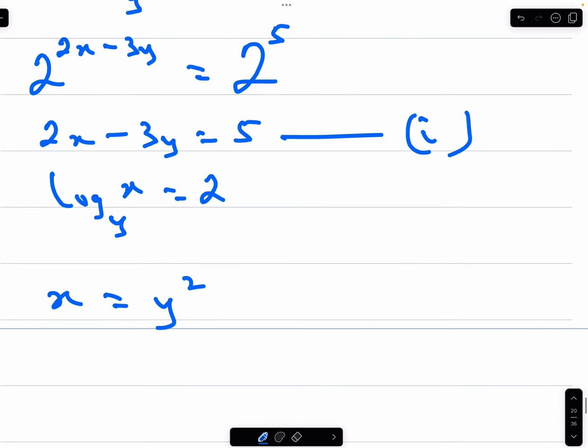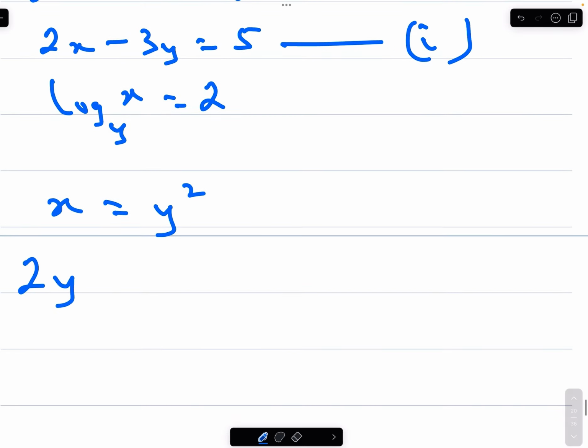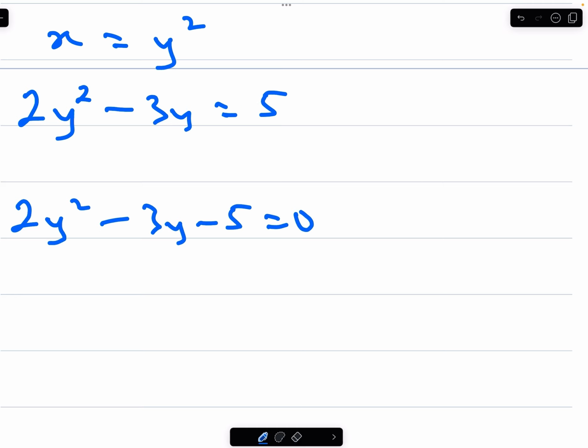Now I want to put x in equation 1. Whenever I see x, I'll write y squared in equation 1. That simply means 2 times y squared, minus 3y equals 5. Now this is the same as saying 2y squared minus 3y minus 5 equals 0. When this 5 goes to the left-hand side, it becomes minus 5.